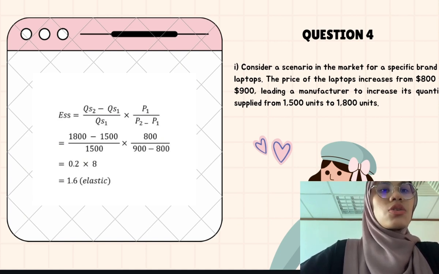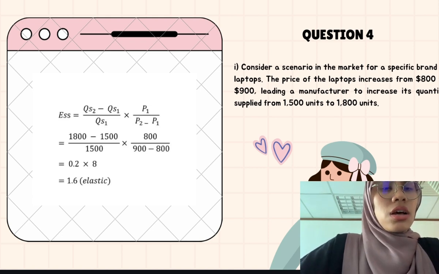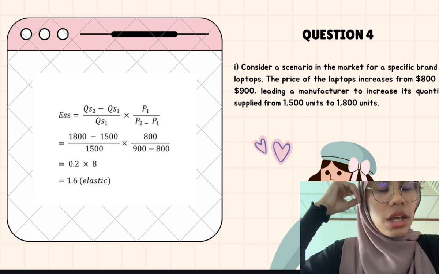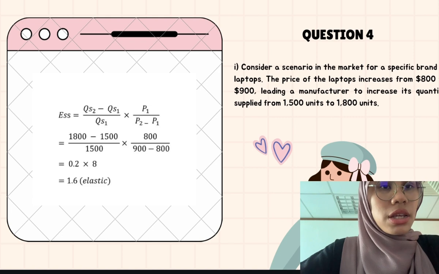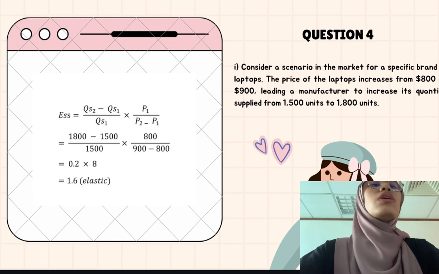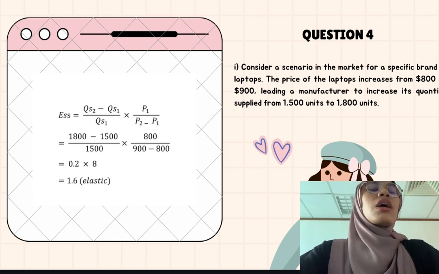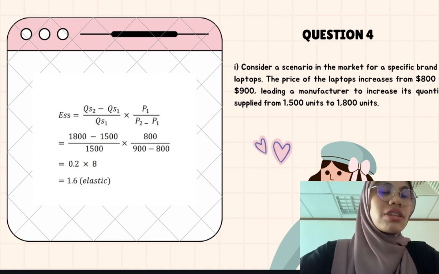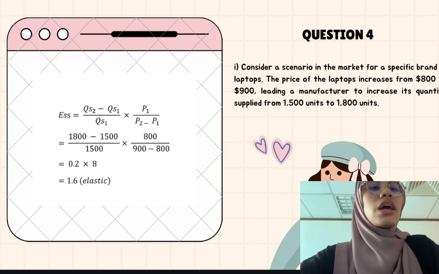For the answer to this question, for the second quantity supplied we get 1,800, minus the first quantity supplied, 1,500, over the first quantity supplied, 1,500, and we get 0.2, times 800 over 900 minus 800, and the total we get is 8.